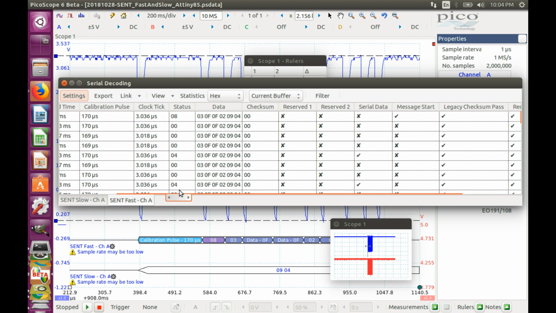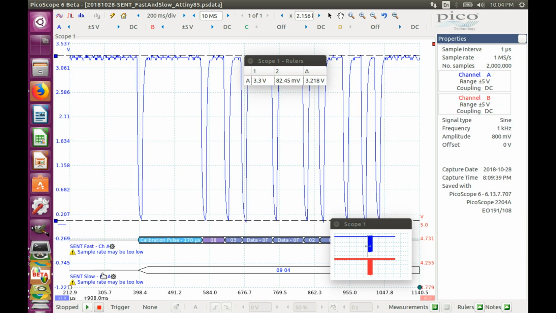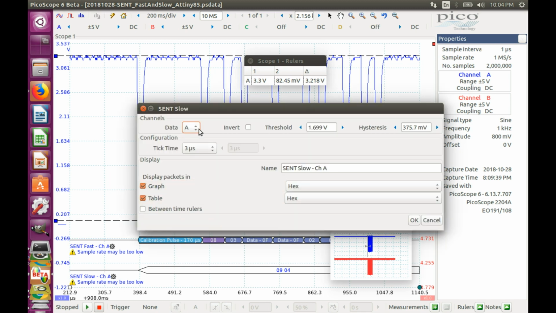If we add a slow channel decoding in Picoscope, here is an example how to do that.